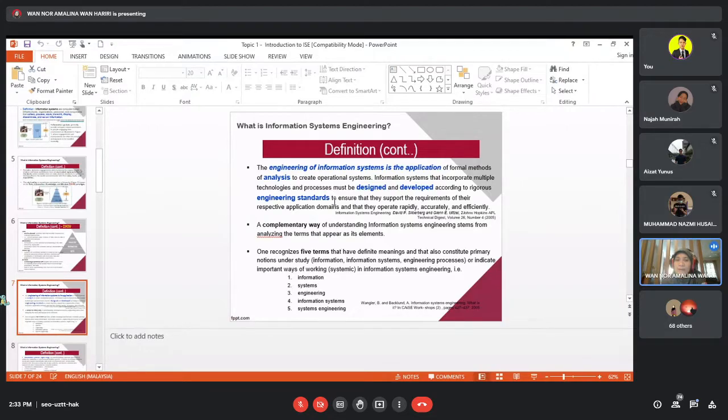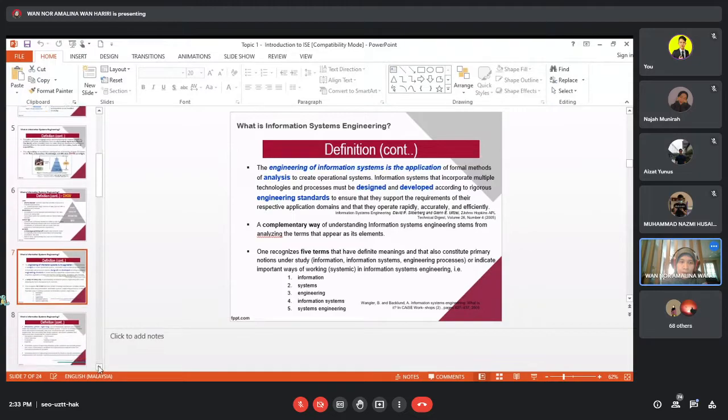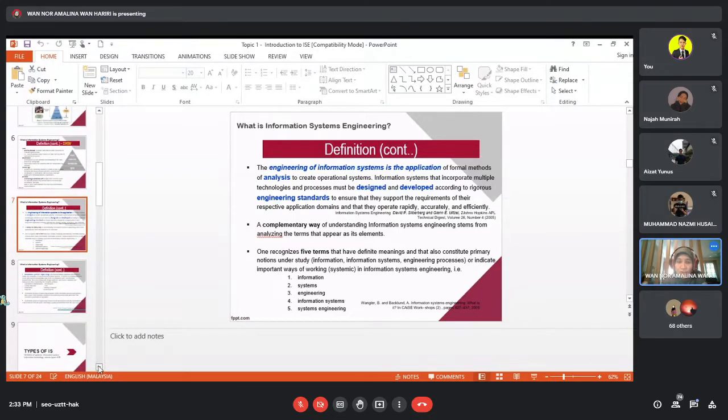Okay, now we talk about engineering. Kita tahu bahawa we know about the physical engineering. What I mean by physical engineering is civil engineering, electrical engineering, chemical. Those are tangible things that are being engineered. But when we talk about information systems, it is not a tangible product.